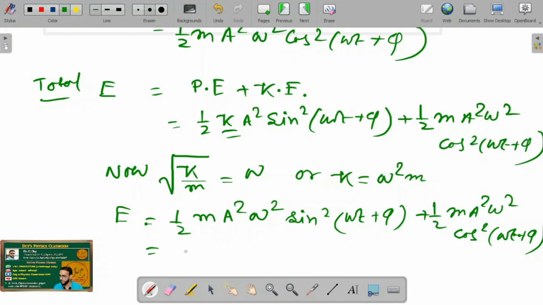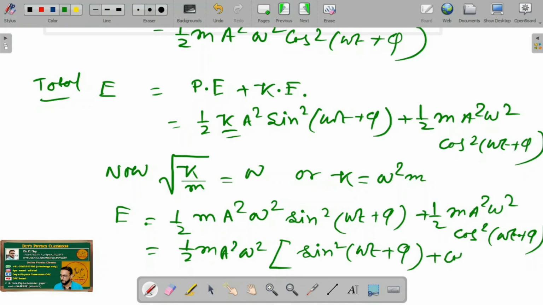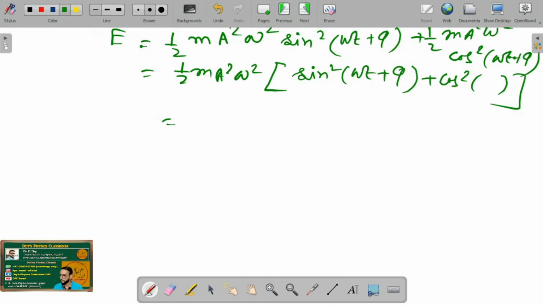If we take common half m a square omega square, in the bracket it would be the sin square term plus the cos square term, which equals 1. The total energy E is half m a square omega square, which is a constant. So the total energy, the summation of kinetic and potential energy, is constant.